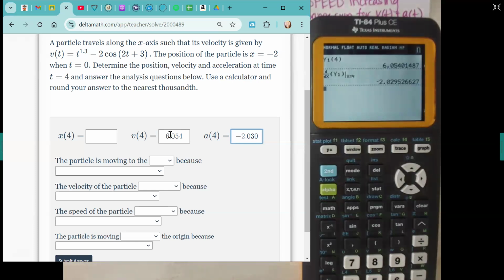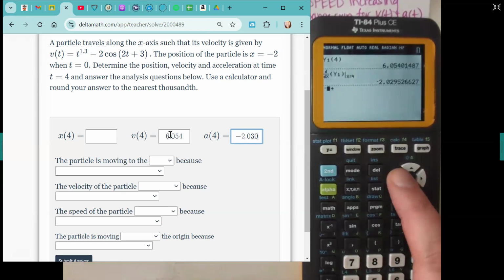The last one we need to find is position. You have velocity. To get back to position, you're going to have to do an integral. But first, I want you to type in the starting position. Read your question. At time 0, what is the starting position? Negative 2. So put a negative 2 in here plus, and now we're going to add the displacement to that.